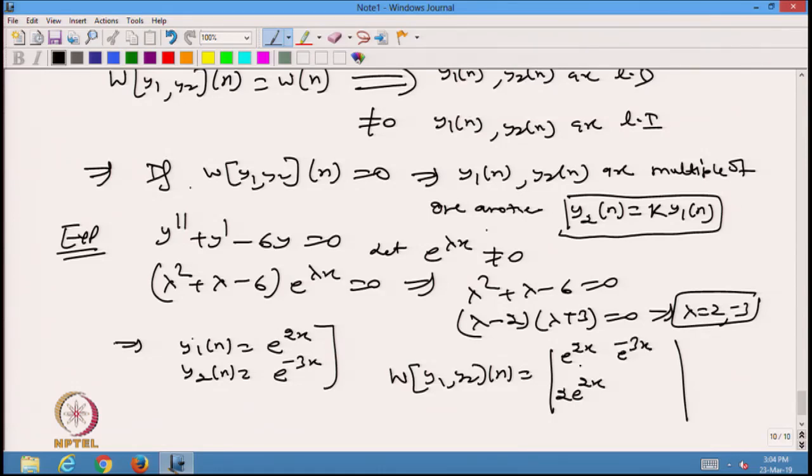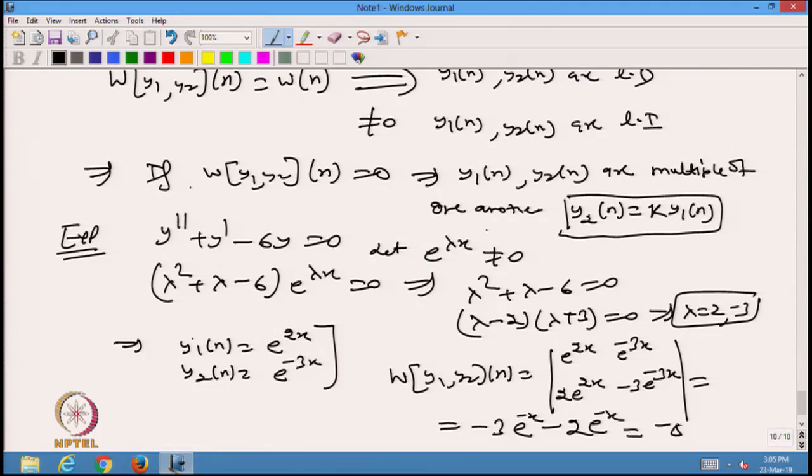Taking the derivatives and solving this determinant, it will be minus 3 e to the minus x, minus 2 times again e to the minus x.